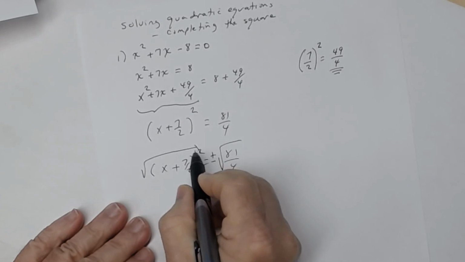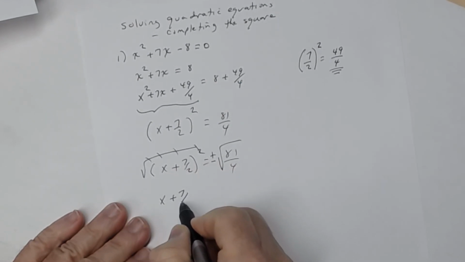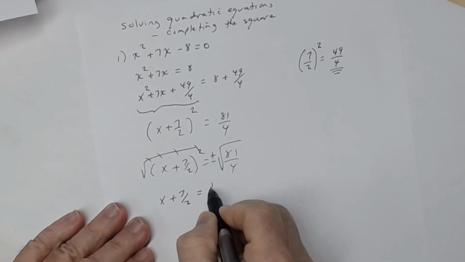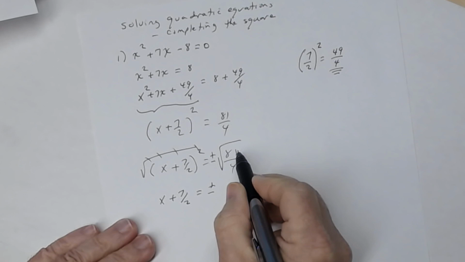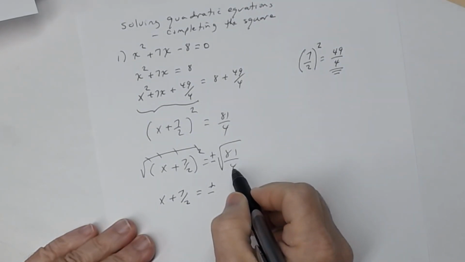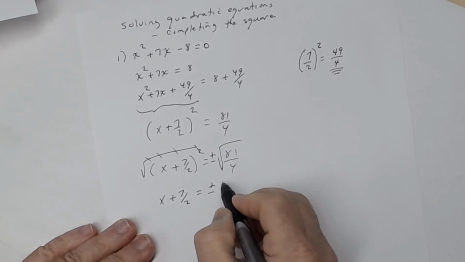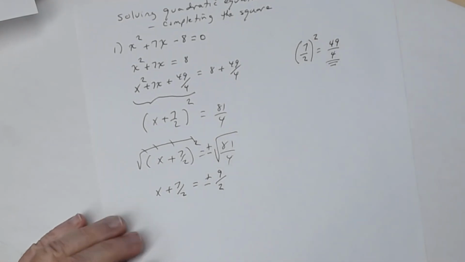The square and the square root undo each other, so we get x plus 7 halves is equal to plus or minus, and in this case 81 and 4 are perfect squares. So the square root of 81 is 9, and the square root of 4 is 2.